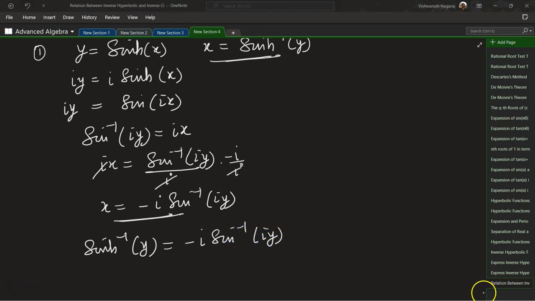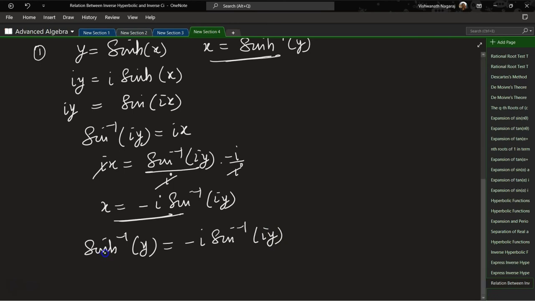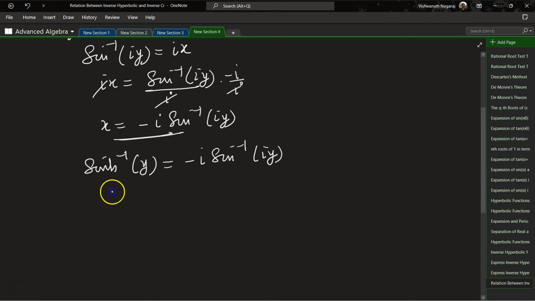Now remember, it's very easy to get confused. Here it is hyperbolic sine inverse of y is equal to this. But suppose I want it in terms of sine inverse of iy is equal to what?